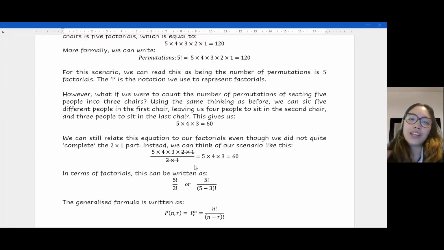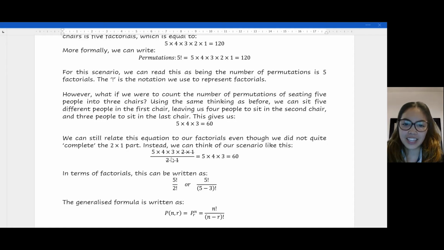And instead, we think about our scenario a little bit like this, where we've got the 5 times 4 times 3, like we had for the 3 people in the 3 chairs that could actually sit down. And the other 2, my 2 times 1, it's still there. However, we've divided it by the 2 that couldn't be seated. So the 2 that couldn't quite make it down there just yet.